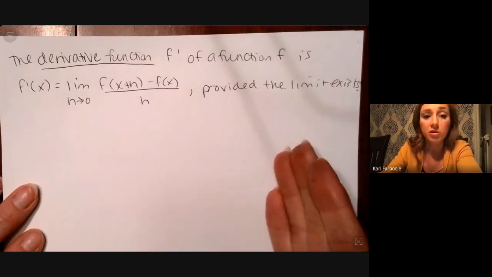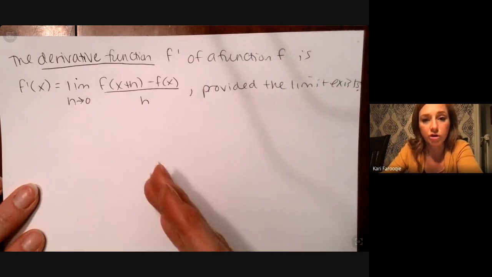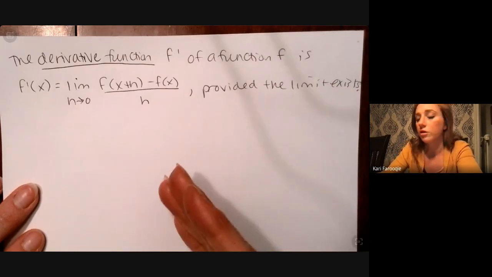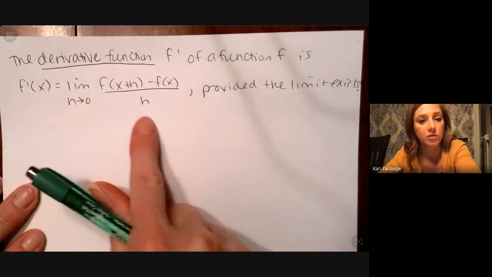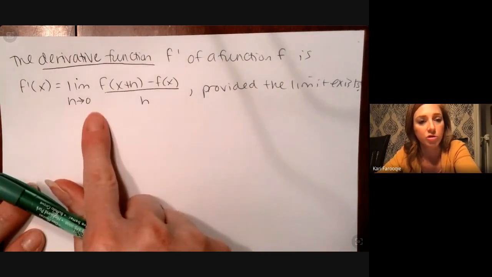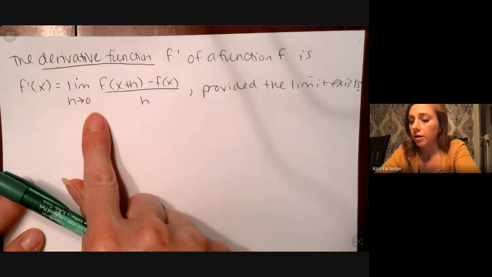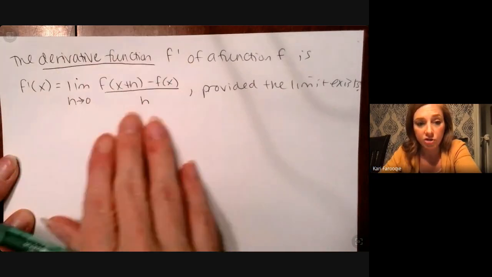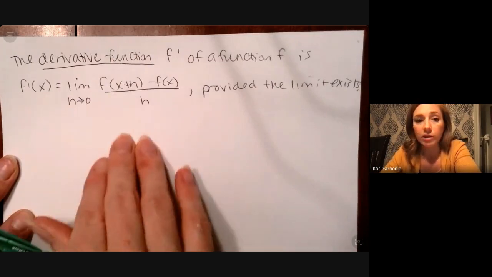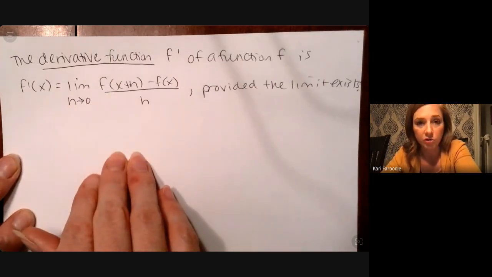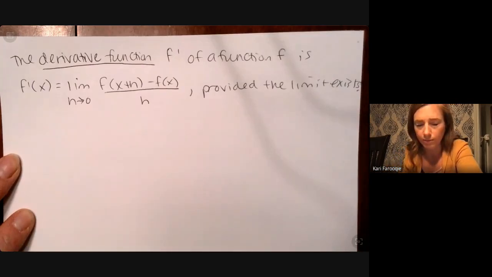So if the limit exists, then the derivative function f prime of our function f is f prime of x equals the limit of this difference quotient as h approaches 0. And this is going to give us a general function f prime of x that will allow us to plug in any x we'd like to find the derivative at any point we're being asked to find it for.